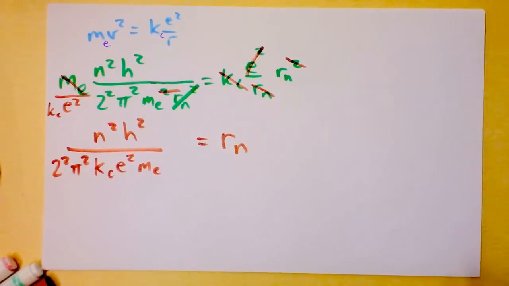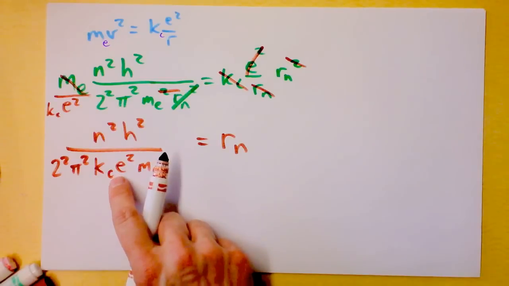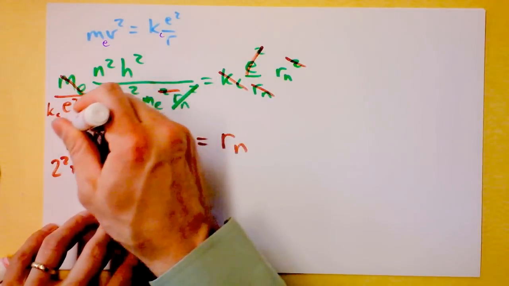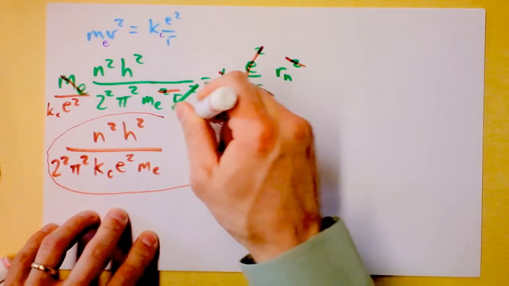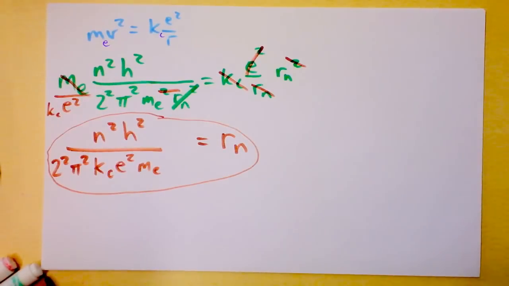And wow, I guess that's it. Let me check my work here, see if I made a mistake. 4 pi squared m k e squared. Wow. This is the orbit, the nth orbit of, in fact, hydrogen.